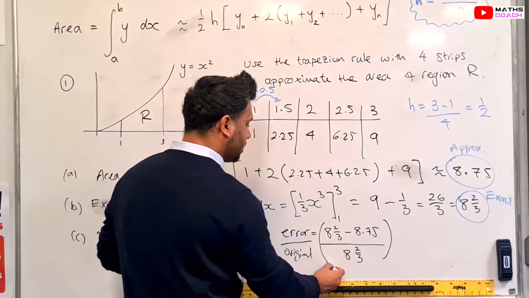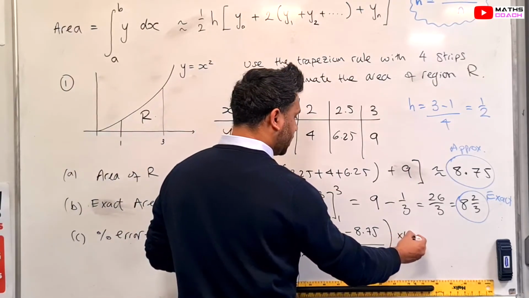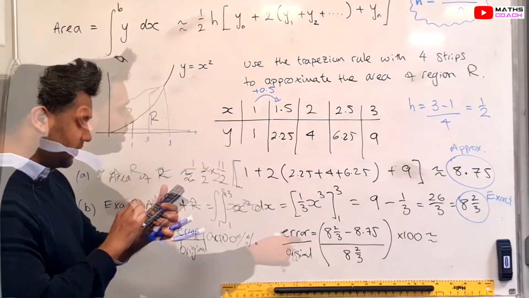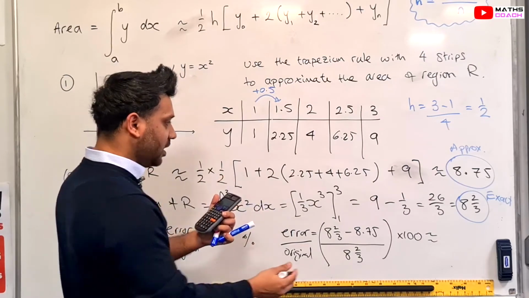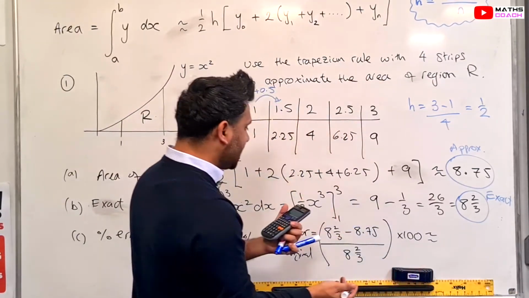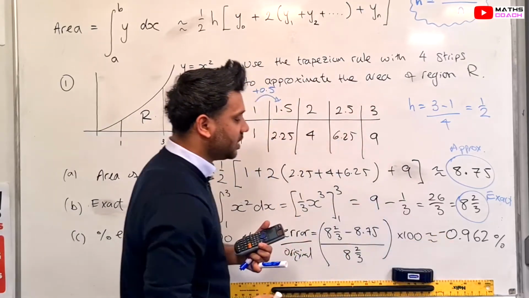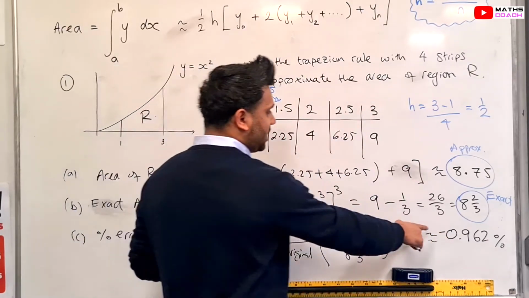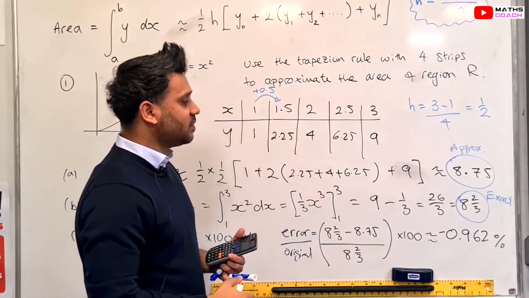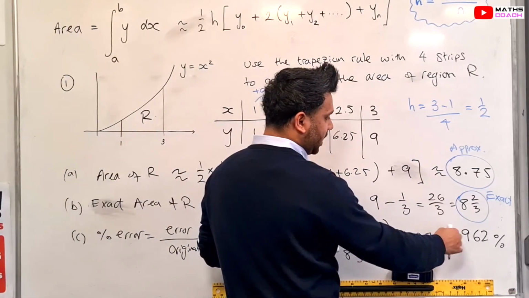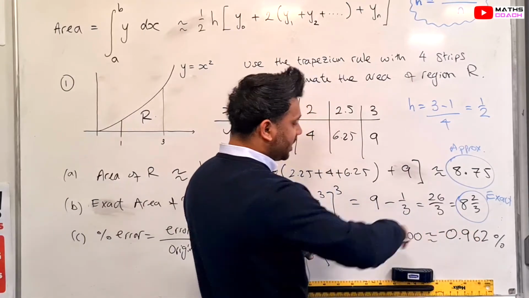Once you type this into the calculator, multiply this by 100 and then round it to 3SF. And we get a negative answer, so we get minus 9.62%. The negative sign basically means that our approximation is bigger than the actual value itself. That's why the error is negative.